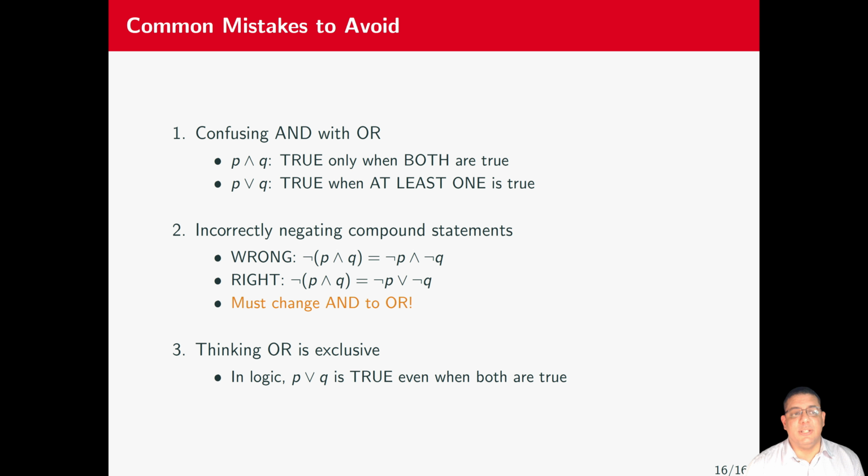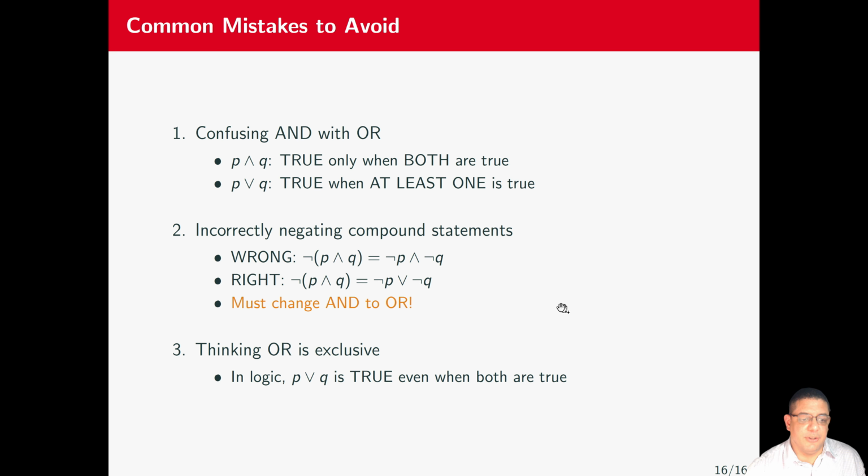Now, it's very important not to confuse the and and the or, remembering that P and Q is only true when both of them are true, and that P or Q is true when at least one of them is true. You have to be careful not to apply De Morgan's laws incorrectly. For example, if you negate P and Q, be careful not to just distribute the negation onto each of those.